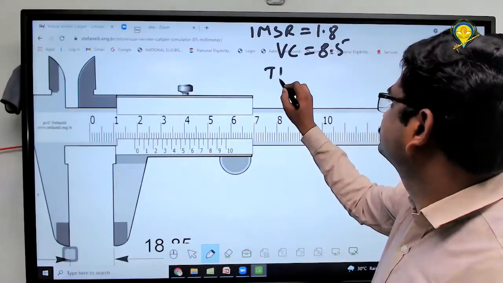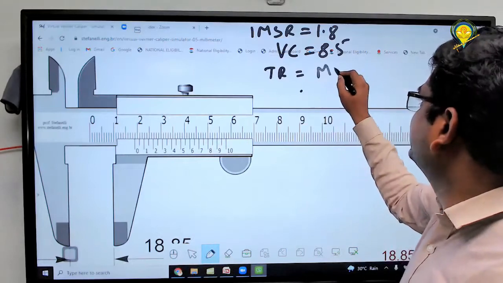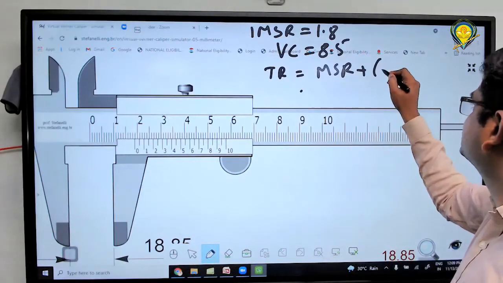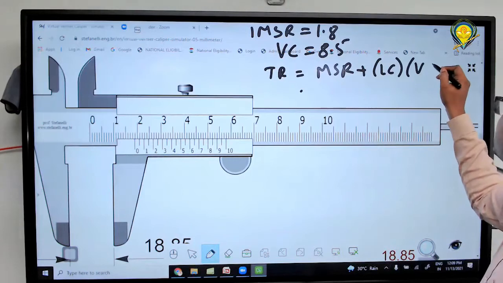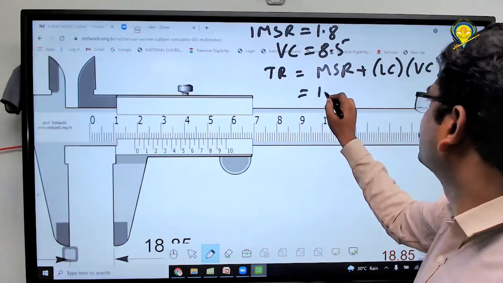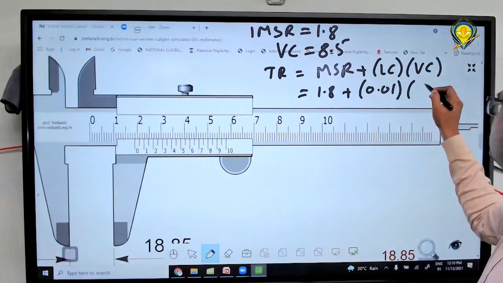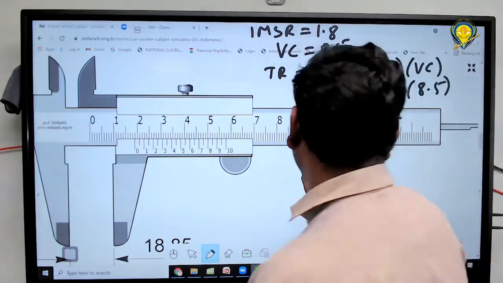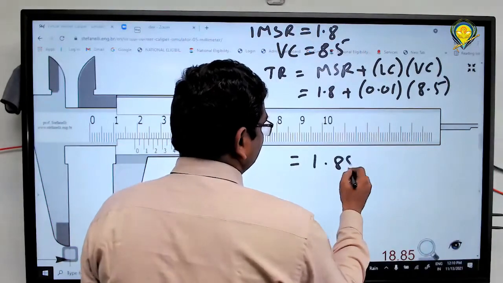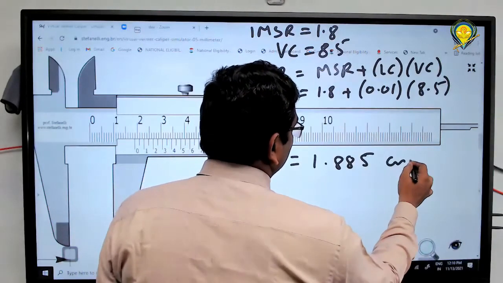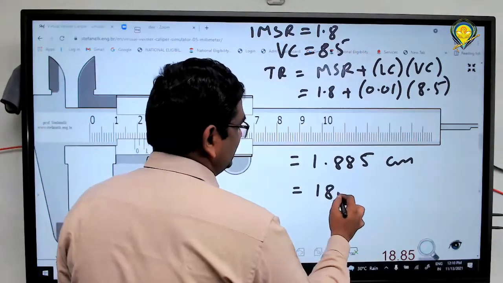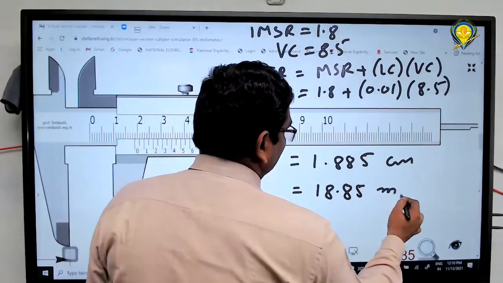Now total reading is main scale reading plus least count into vernier coincidence. So this is equal to 1.8 plus 0.01 into 8.5. This is equal to 1.885 in terms of centimeter. In terms of millimeter, 18.85 millimeter. This is the answer.